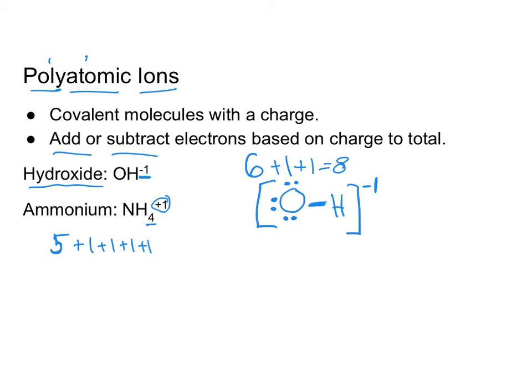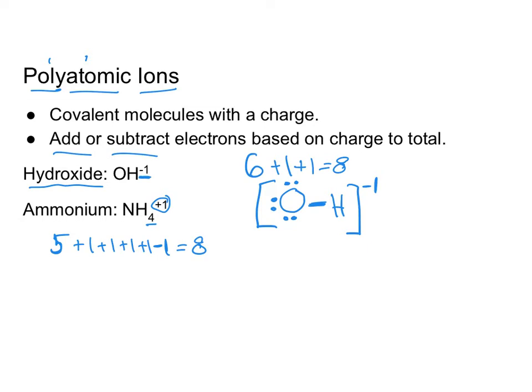Now I notice that this molecule has a +1 charge, which means that we've lost an electron to the environment because there's an extra positively charged particle in this compound. So instead of adding an extra electron, I'm going to subtract 1 electron from this total. So here, instead of there being 9 electrons, there are going to be 8 electrons.